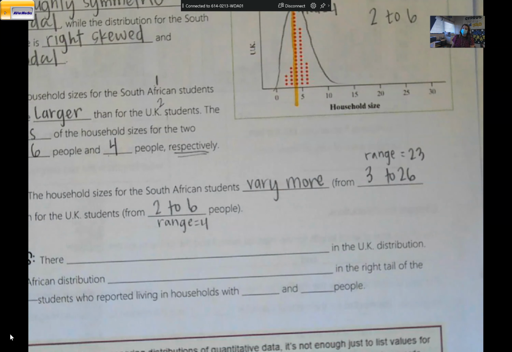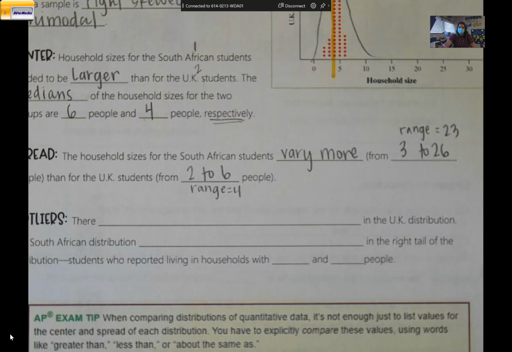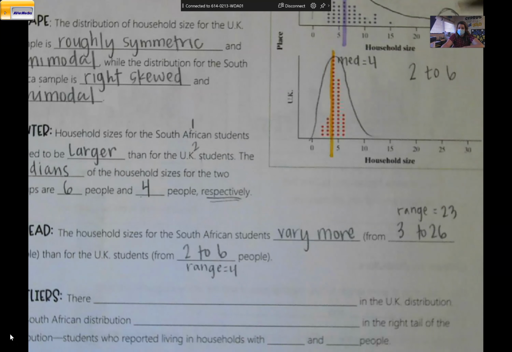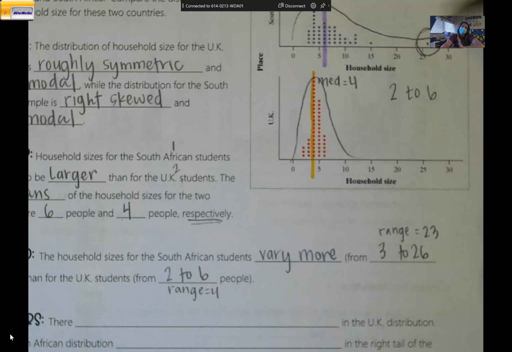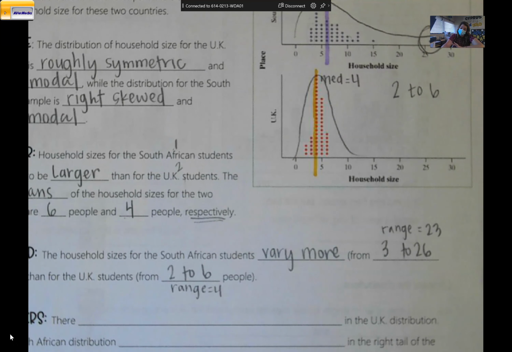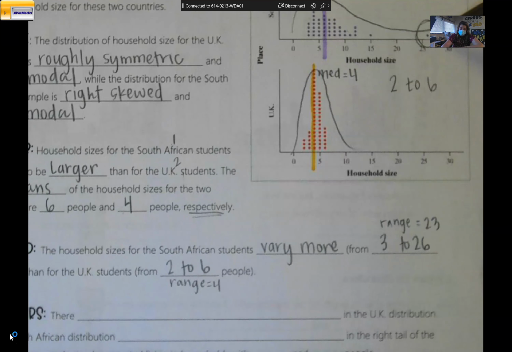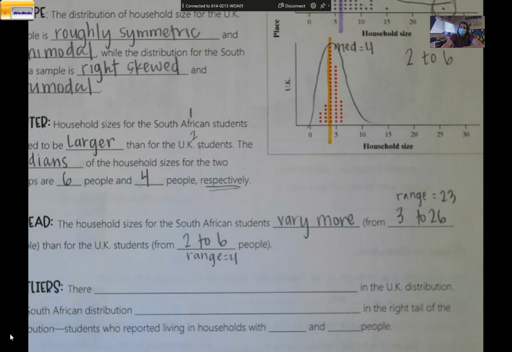And then the last thing that they want us to address is whether or not there are outliers. So we've already discussed, there definitely seems to be an outlier in South Africa. I mean, 20, where are all these people sleeping? Is this like a super mansion? What is happening here? But on the UK, does there appear to be any outliers?